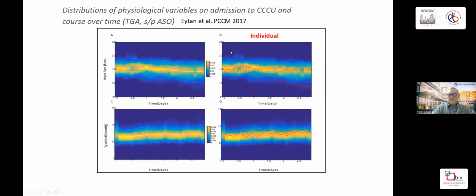However, what we found, more importantly, I think, is that there is great individual variability. So within that same population, you can see these are different patients, and they vary, and they actually have a much narrower range in which they keep their heart rate and their blood pressure in these examples.